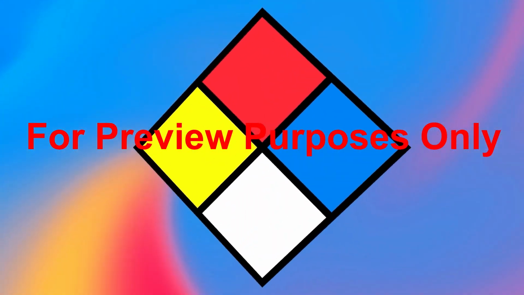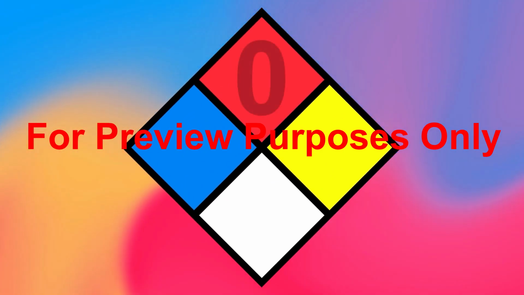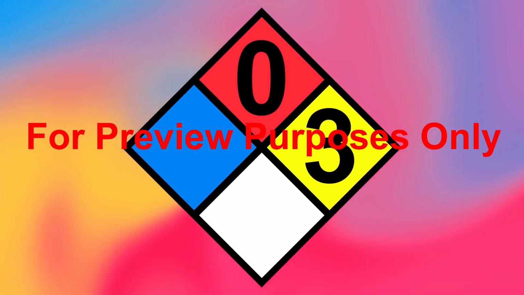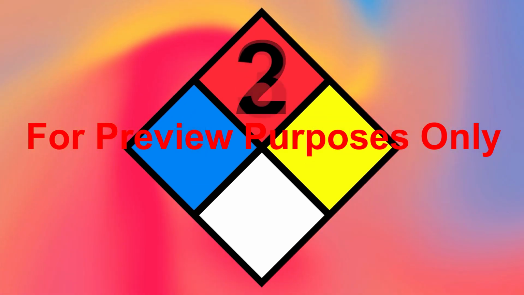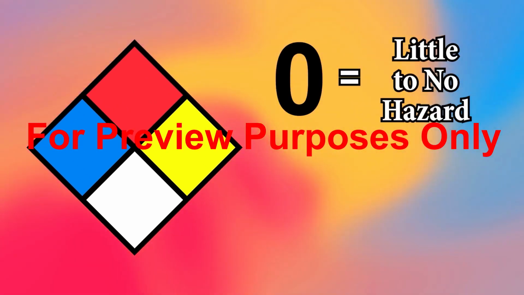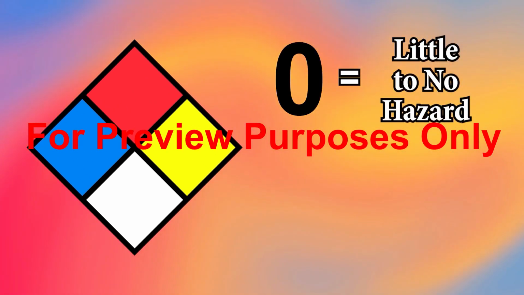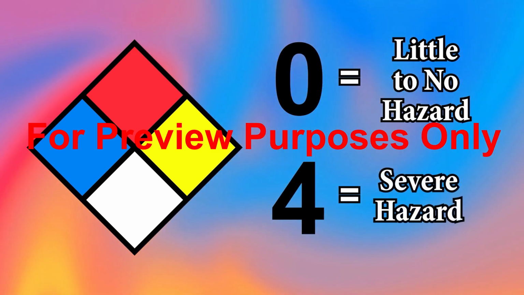Like the HMIS system, the NFPA system uses numbers to represent the severity of each type of hazard. On 3 of the quadrants, you'll see a 1 through a 4. A 0 indicates that the substance poses little to no hazard, while a 4 identifies the substance as a severe hazard.